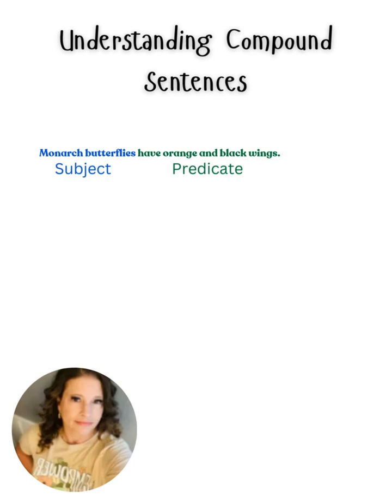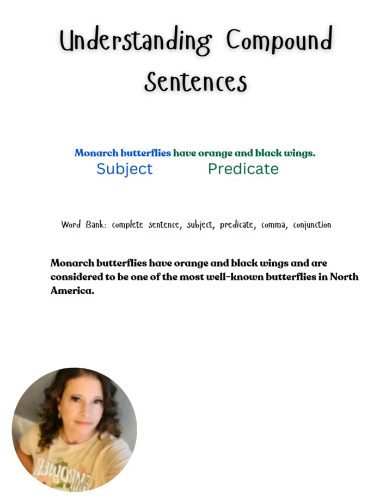So next we're going to be using a word bank to see if we can identify the subject and the predicates inside of a larger sentence. So this sentence says, monarch butterflies have orange and black wings and are considered to be one of the most well-known butterflies in North America.